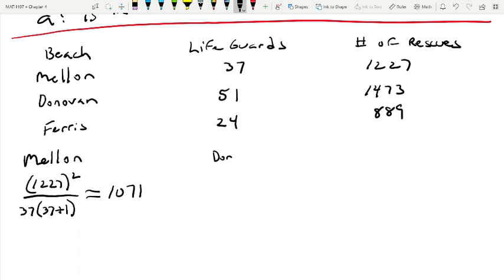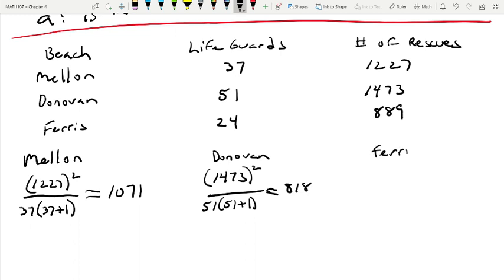For Donovan, we have 1473 squared over 51 times 51 plus 1, and that'll give us 818. And lastly, for Ferris, we would have 889 squared over 24 times 24 plus 1, and that comes out to be 1317.